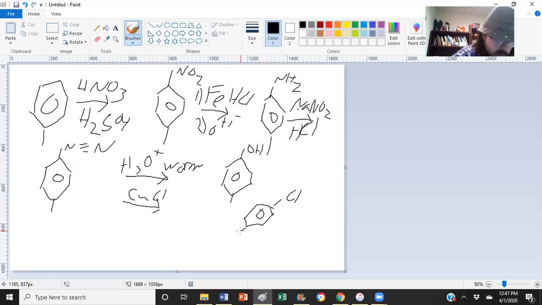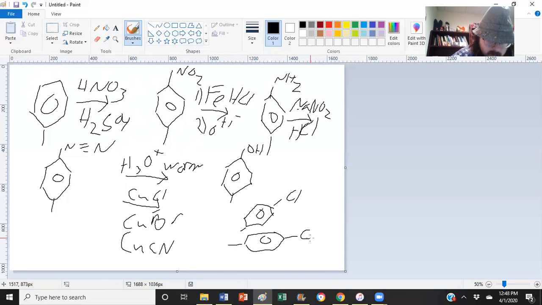If I use copper bromide, the same thing, aryl bromide. Copper cyanide, I can form an aryl cyanide, a toluene nitrile. So that's a benzonitrile.